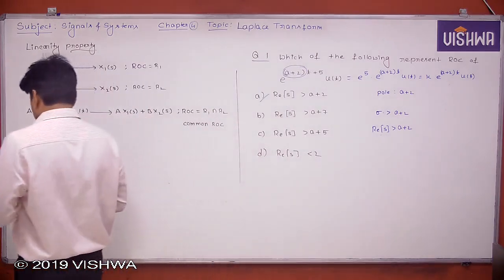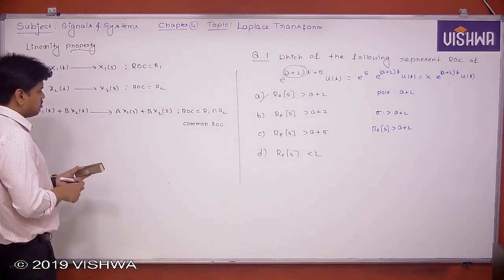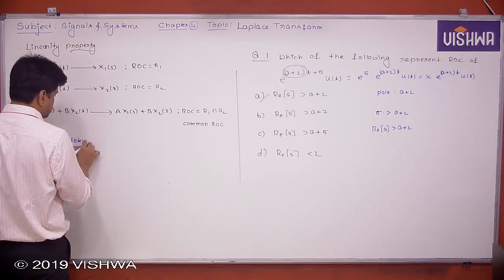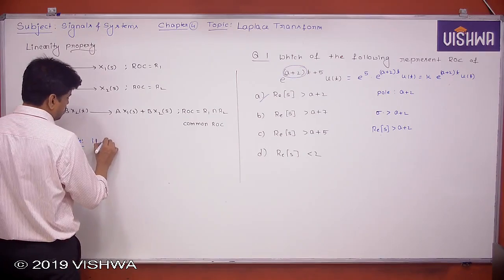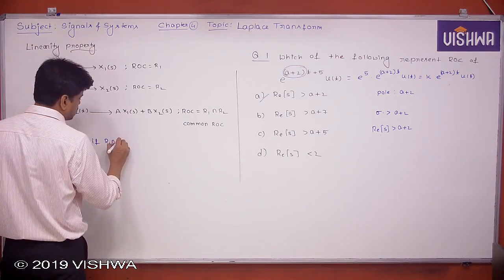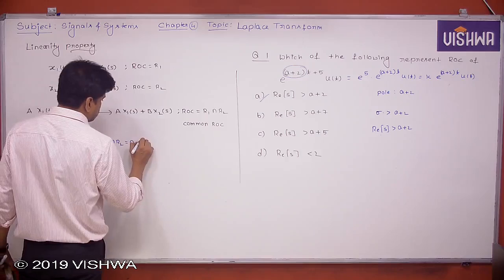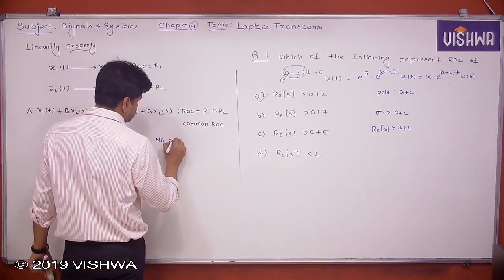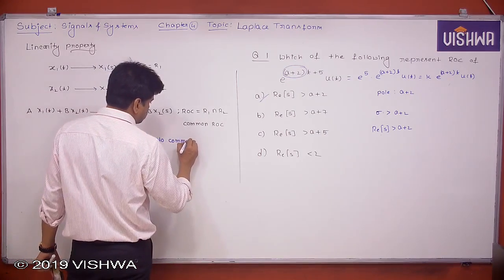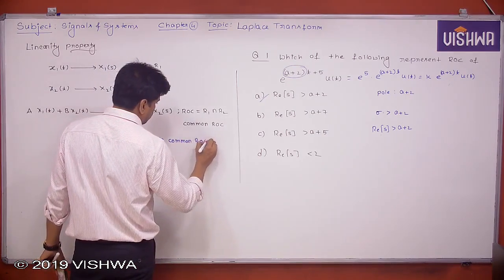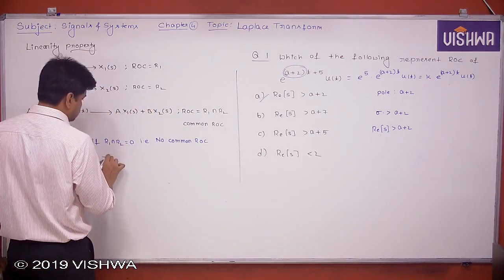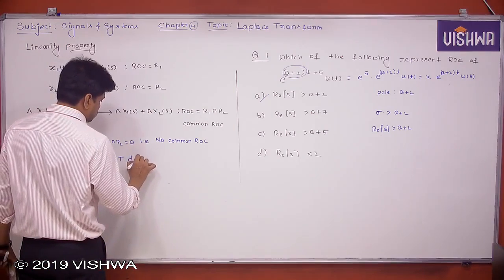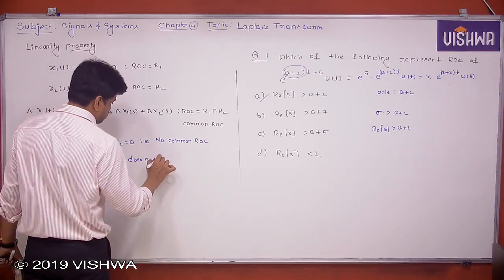Note point: if R1 intersection R2 is equal to empty, that is no common ROC, that implies the Laplace transform does not exist.